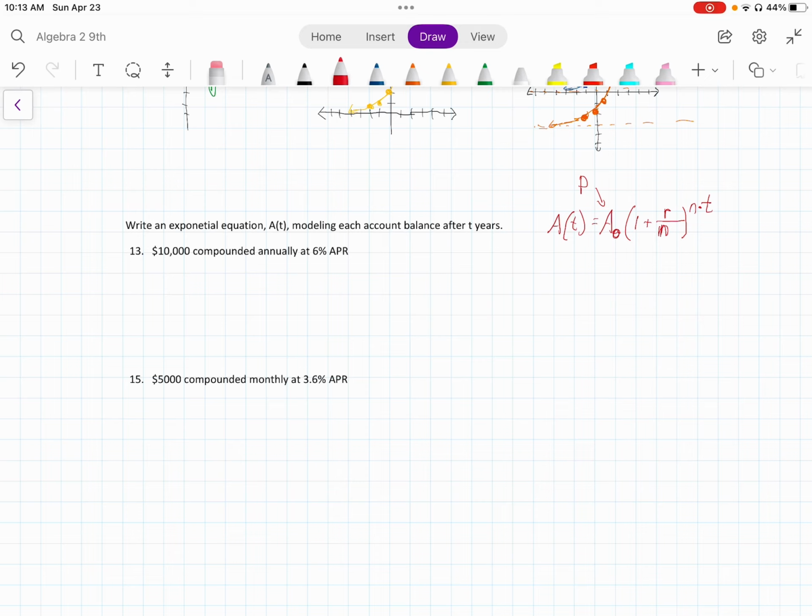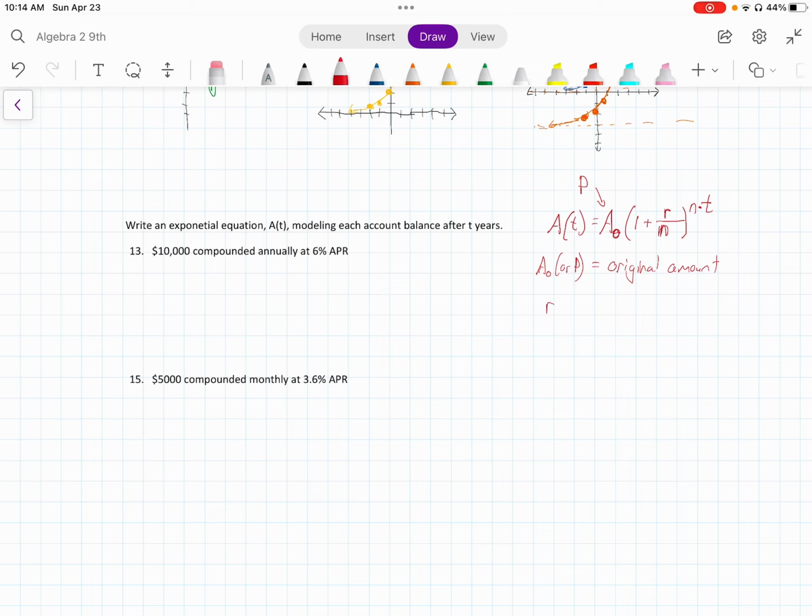So we might see A sub 0 or P. That represents our original amount. So that's the original investment, and sometimes this is a loan, so it might be the original amount of the loan.